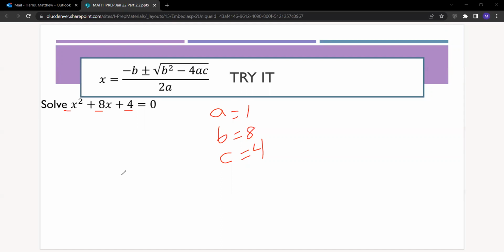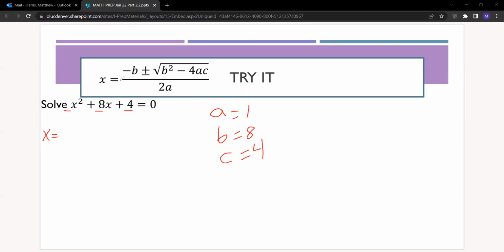This process can feel very tedious. It can take a while, but it'll give you the right answer in the end. And you can't plug this into a calculator for the most part, because if you have a radical in here that's not perfect, then you'll get an irrational number, and you don't want to put irrational numbers in your answer. So let's go ahead and do this.